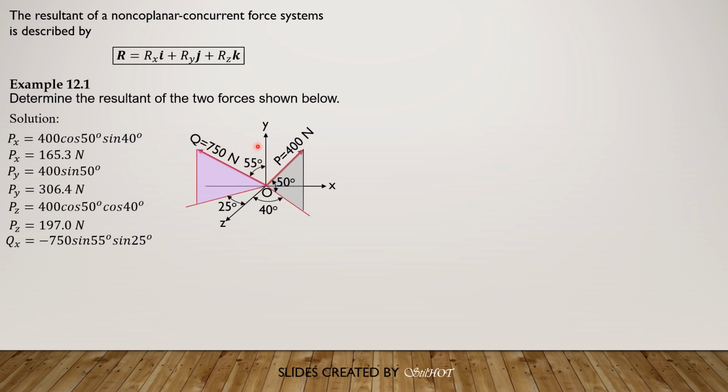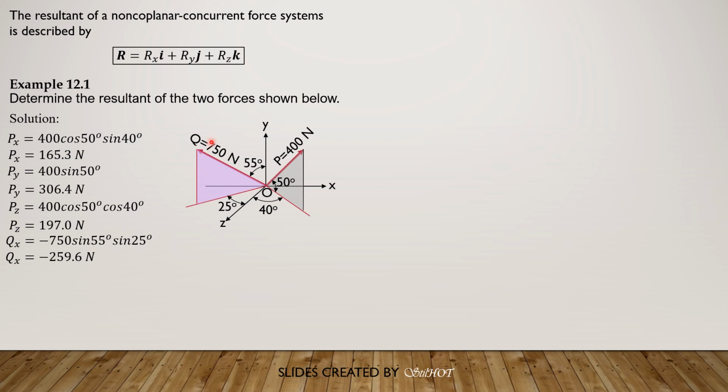Then we multiply further by sine of 25, and it is negative. So Qx is negative 259.6 newtons.